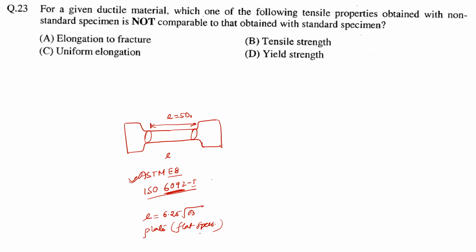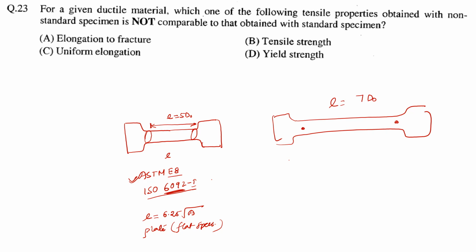Now this is the standard one, but suppose someone measures using a non-standard sample. Non-standard samples can be like this: your length is, suppose, 7 times D naught or something like that. So what is the property which is not going to be comparable?